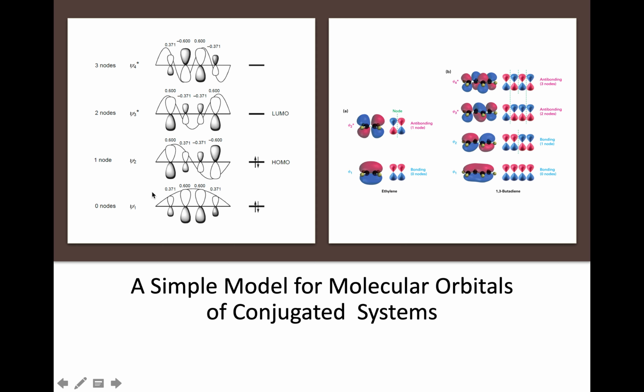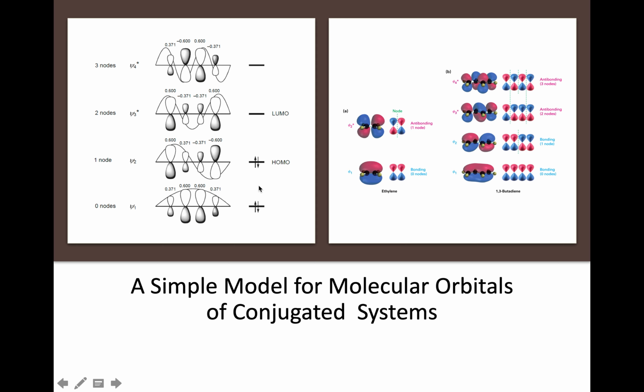Well, for these conjugated pi systems, basically each carbon atom contributes 1 electron to the pi system. And so since there are 4 carbon atoms in the pi system, there are 4 total electrons to distribute among these pi orbitals. That means we're going to fill up this orbital, which we're calling psi 1, and this orbital, which we're calling psi 2.